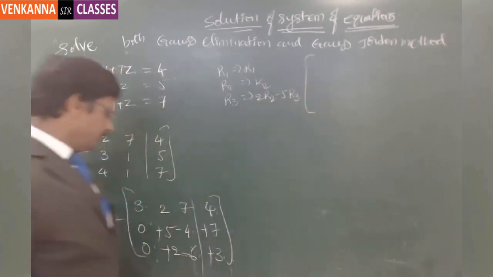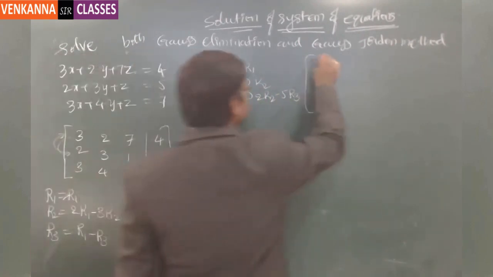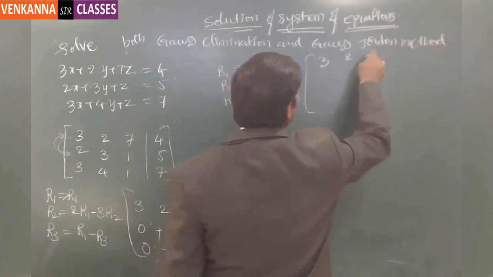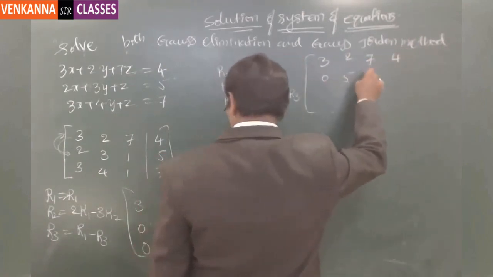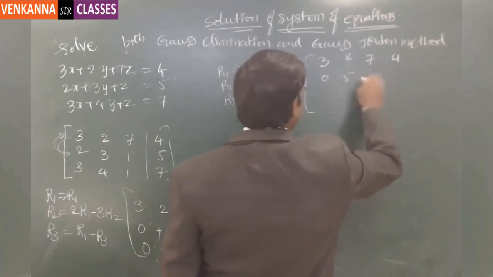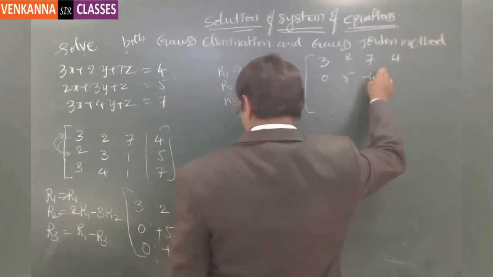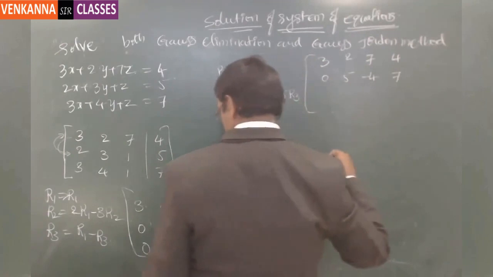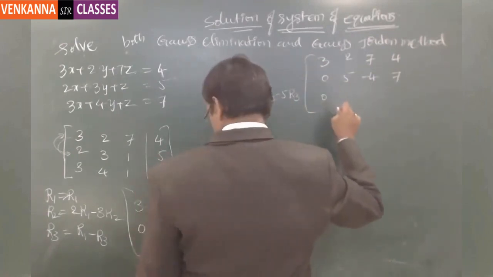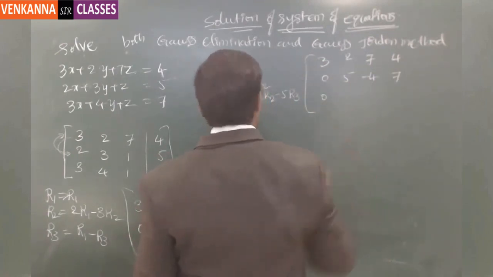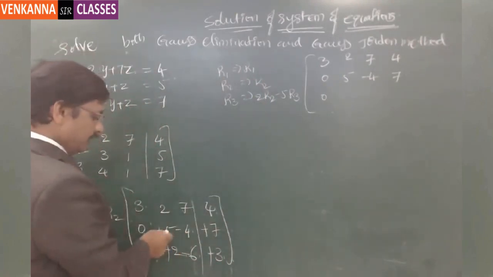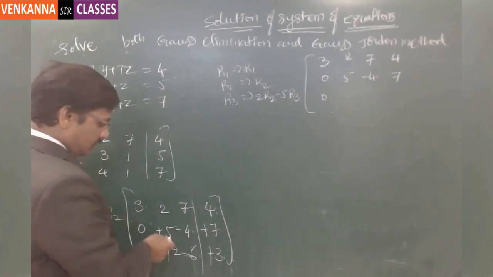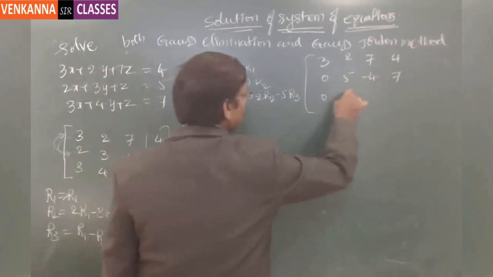So if you do this operation, then this is 3, 2, 7, 4, and 0, 5, minus 4, and 7, and this is 0. And here 2 times R2, this is 10, minus 5 times R3, this is again 10, so this is going to be 0.